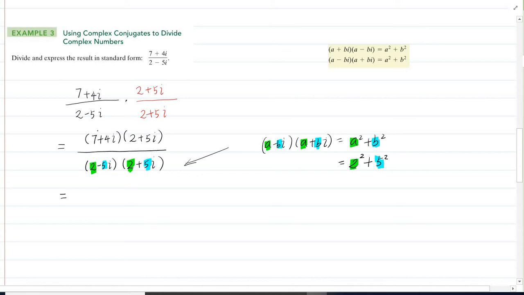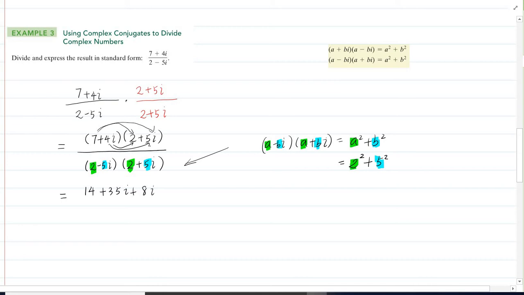So now we have to deal with the numerator. We have to do the full method, which we've done for example 2. 7 multiplied by 2 is 14. Then 7 multiplied by 5i is plus 35i. Then 4i multiplied by 2 gives you 8i.